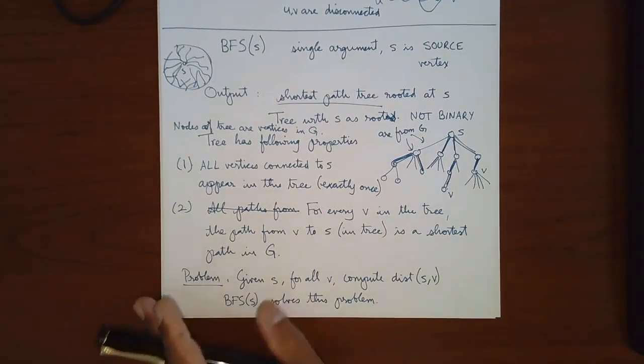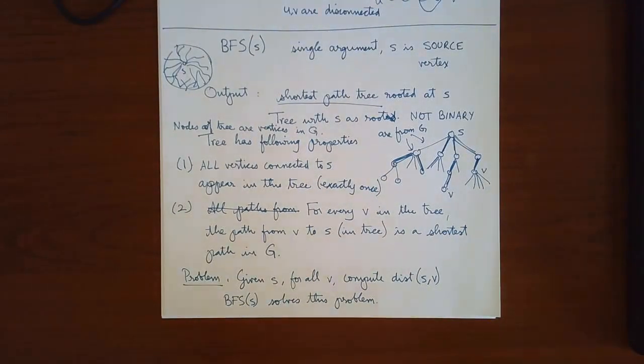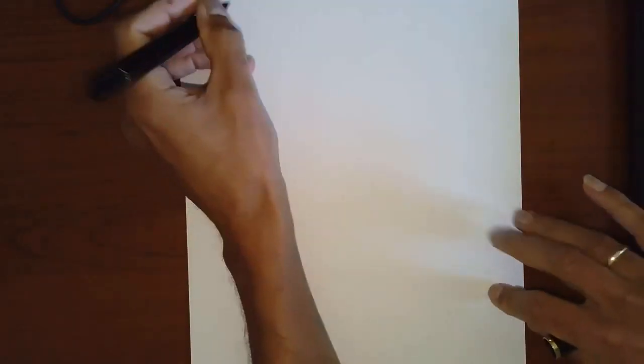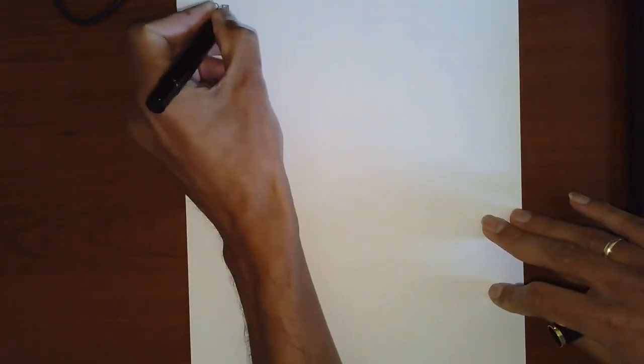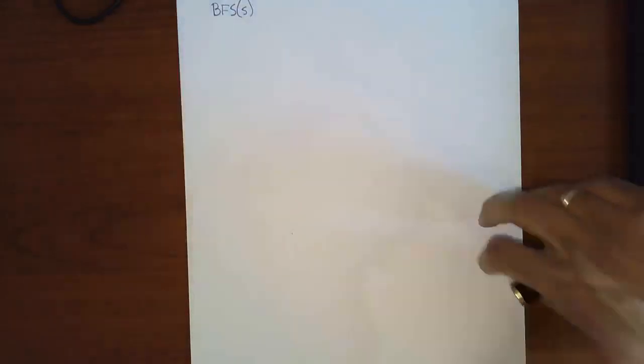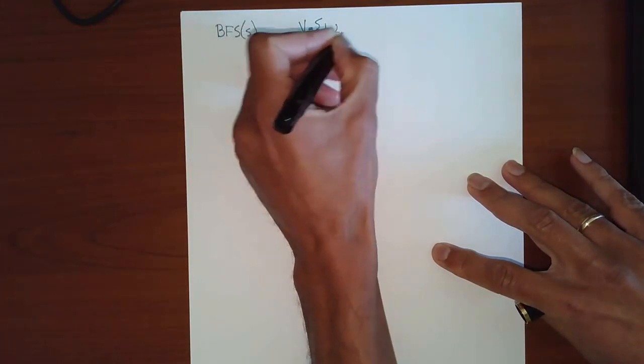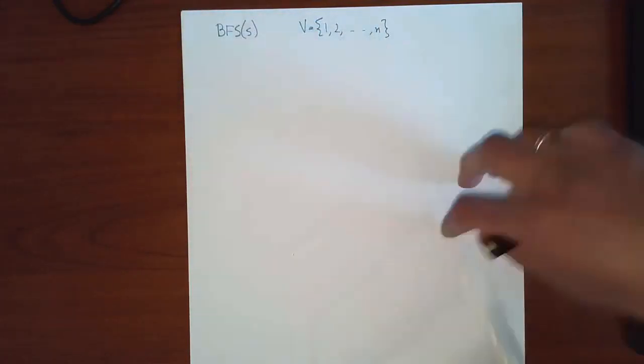All right. So if there are no more questions, then I want to tell you about how BFS is implemented. Remember, we're discussing the procedure BFS of S. The vertex set, remember, is labeled 1 to n, and this is going to be quite convenient.